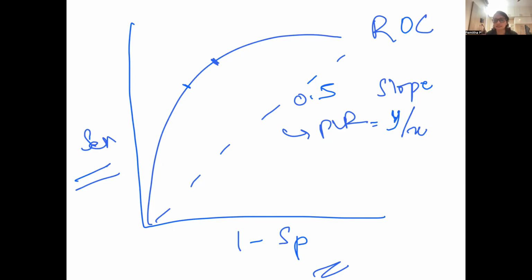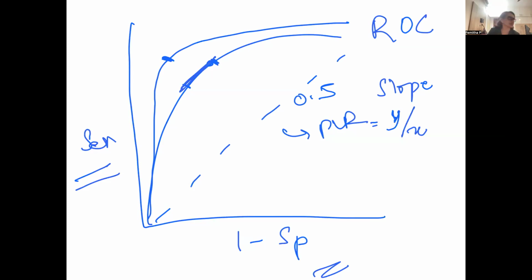The more the line is towards the top left corner, the better it is. And when we say likelihood ratio interpreted from an ROC curve, it is basically between 2 points on that curve: what is the slope there? That is the likelihood ratio between those 2 points. Just wanted to highlight that.